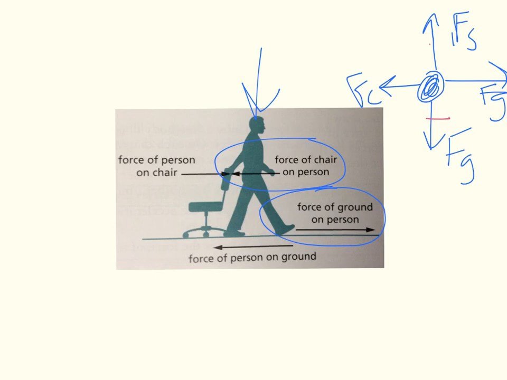These two forces are balanced, but these two forces are not. And that's why a person accelerates forward, because they're actually being pushed forward with a greater force than the chair is holding them back. And that's the difference between Newton's first law and Newton's third law. And it's really important to not get those two things confused.